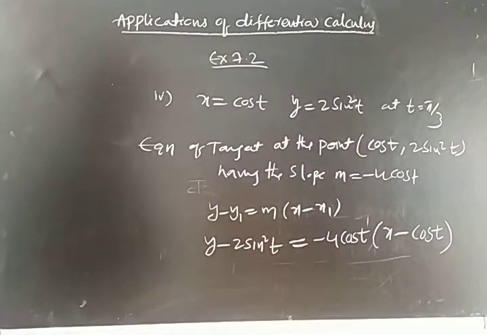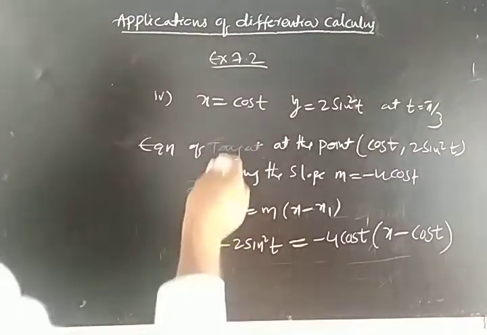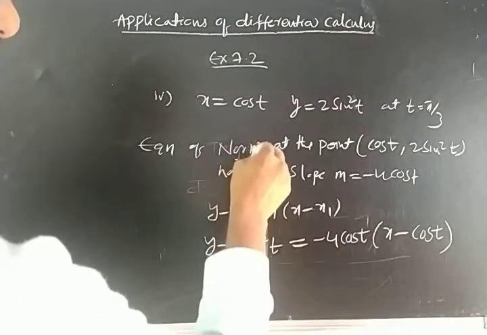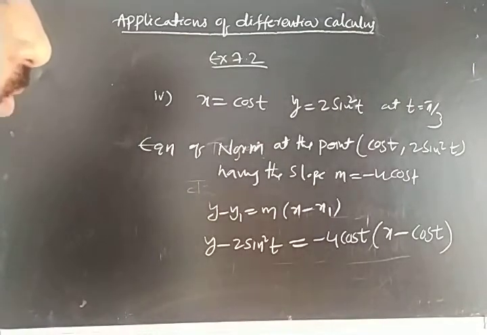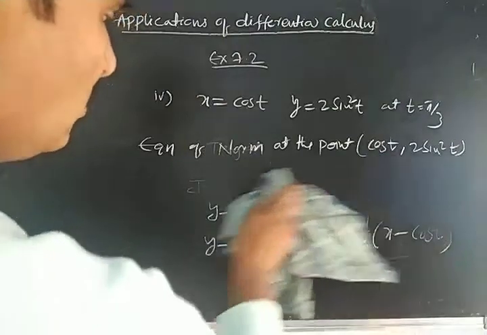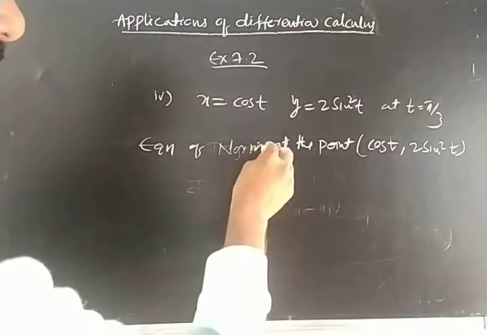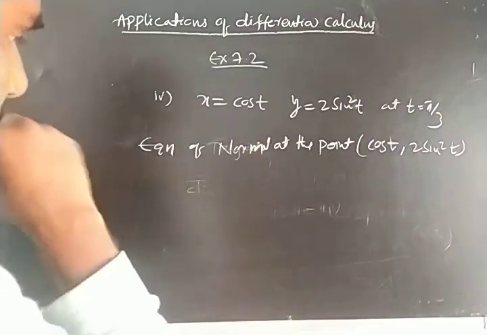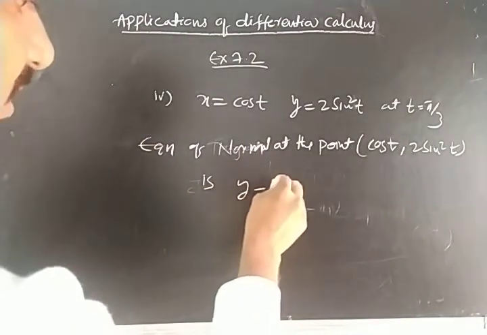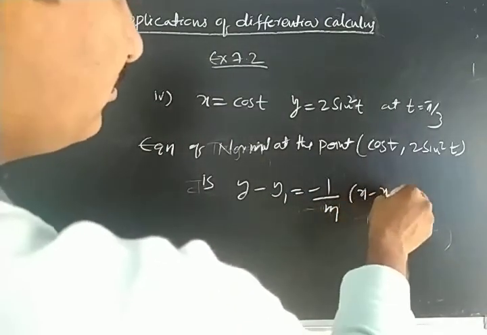Now the equation of normal. Here I am changing. Equation of normal at the point having the slope 1 by m. Okay. Equation of normal at the point is y minus y1 is equal to minus 1 by m into x minus x1.